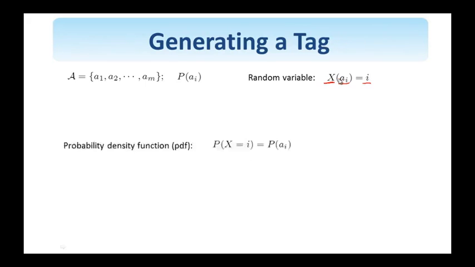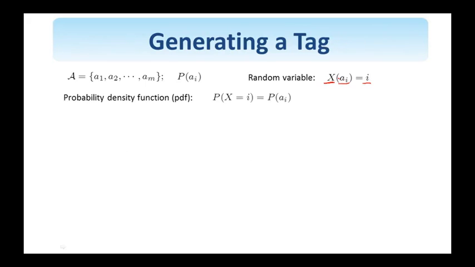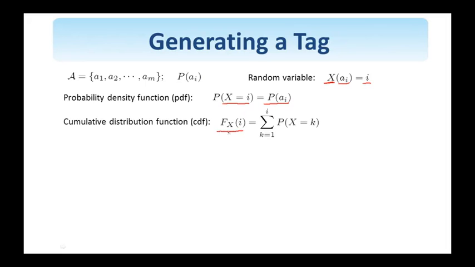So now, given the probabilities of the source, we're given the probability density function of this random variable. So the probability that the random variable is equal to i is simply the probability of the symbol a_i. And of course, we can have the cumulative distribution function, F_X(i), the sum for k from 1 to i of the probability that the random variable is equal to k.